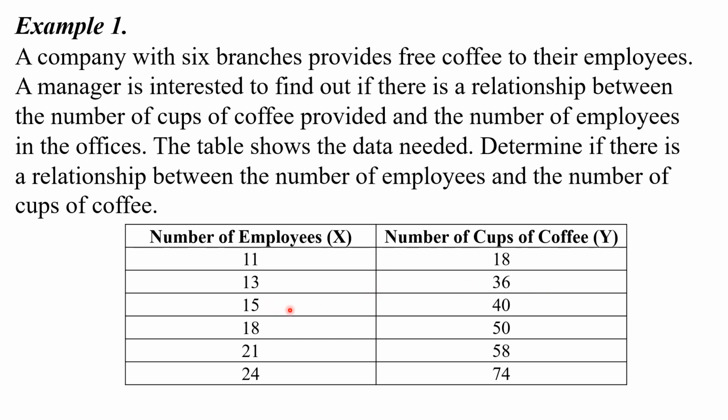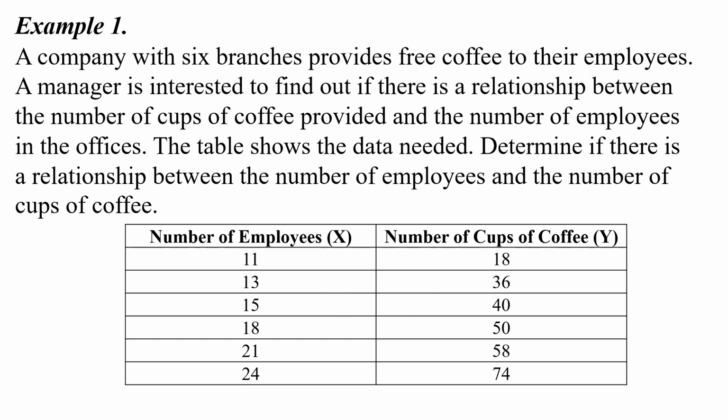Then 15 employees with 40 cups. Then 18 employees with 50 cups. Then 21 employees with 58 cups. Then 24 employees with 74 cups. So para ma-determine natin kung meron bang relationship between these two variables.